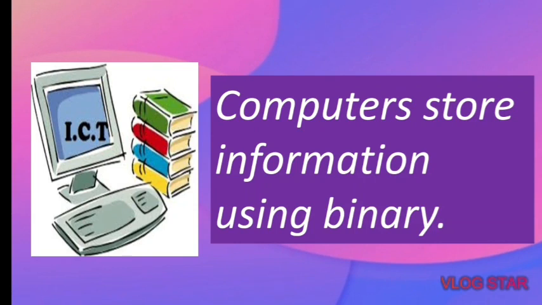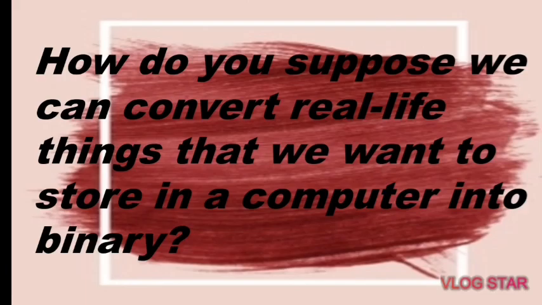For example, when we type a sentence into a document, then press save, a computer translates the sentence into binary and stores the information, then posts a message indicating the document has been saved. How do you suppose we can convert real life things that we want to store in a computer into binary?